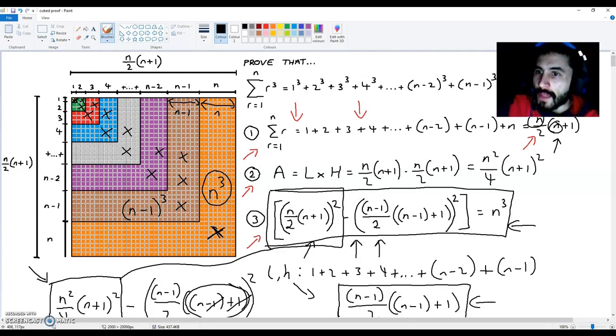So its length is going to be equal to 1 plus 2 plus 3 plus 4 plus, I'd say, n-3, okay? We can't see the n-3 there, but for the purpose of this video, I'm just going to say n-3, okay?